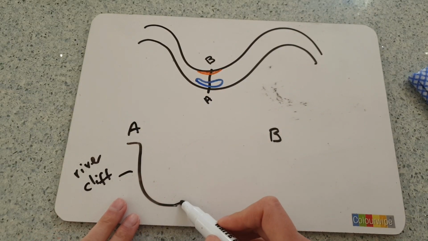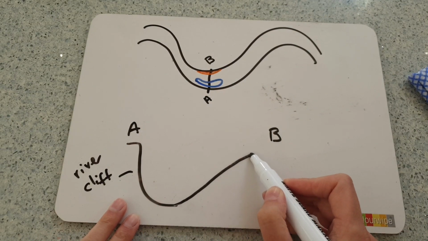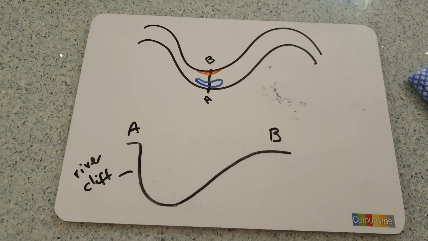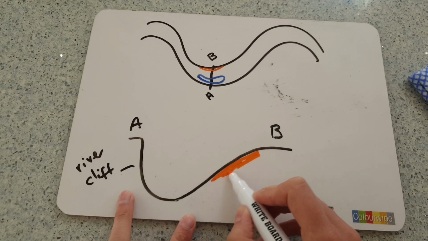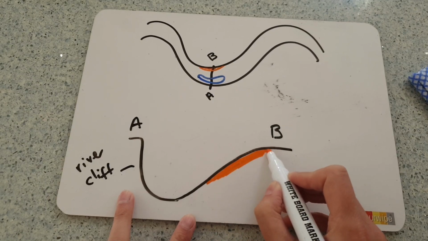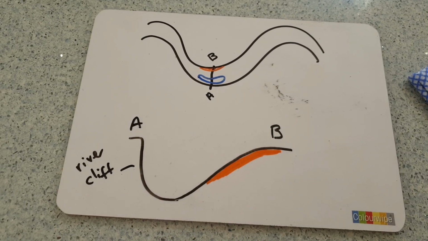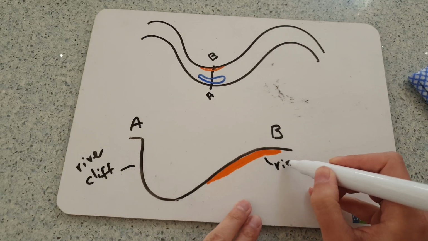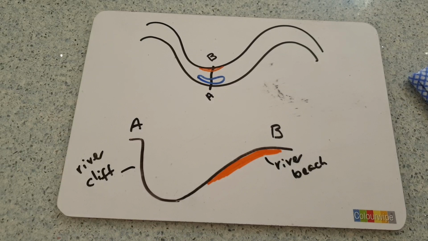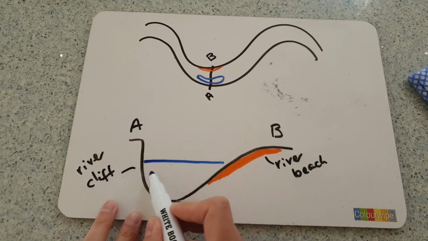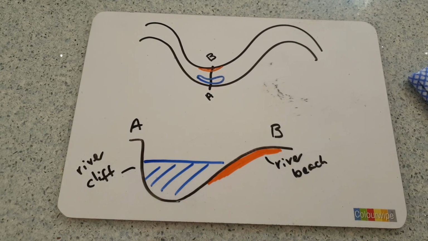So we're going to get much, much shallower over here to B. And of course up here we'd have some nice sort of depositional material. Let's just draw that on, there we go. And we would have our river beach. And of course you can draw your river on as well if you want to.